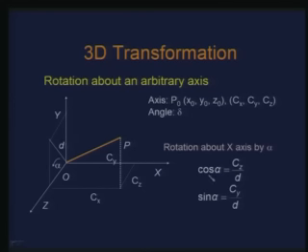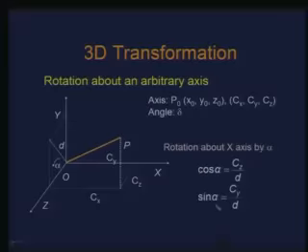So cos alpha is Cz over d and sin alpha is Cy over d, and these are the terms I need for performing a rotation. I do not actually have to explicitly compute the angle. All I need to do is get the relevant terms which I require in the rotation matrix. So I get cos alpha and sin alpha from here, fine.